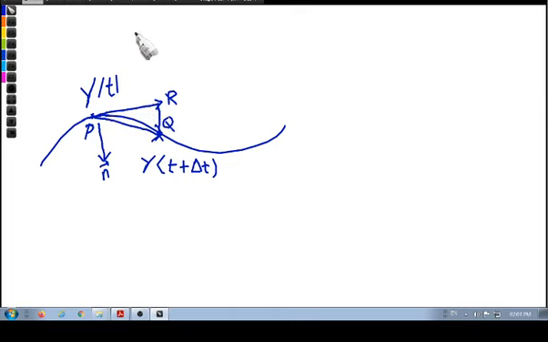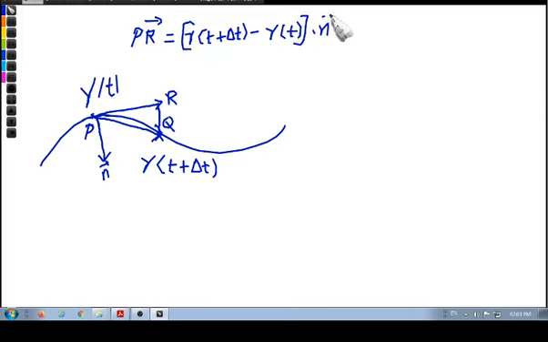PR is actually, from this figure, the vector PQ dot n. So what is PQ? It is gamma of t plus delta t minus gamma of t, dot product with n. Now use Taylor's theorem.